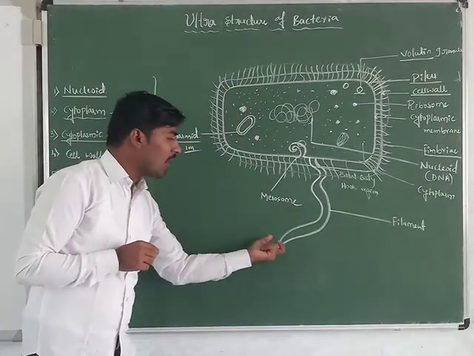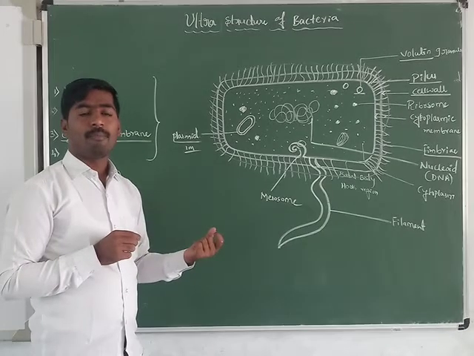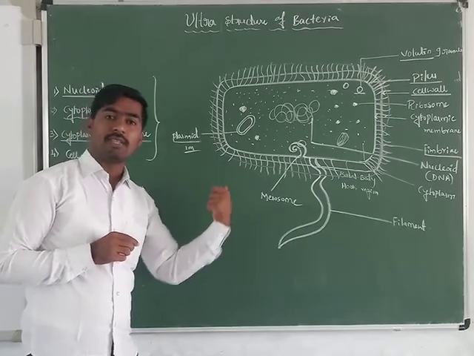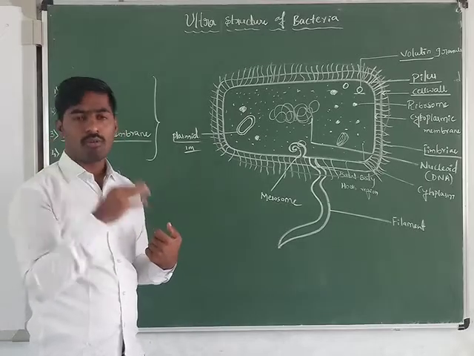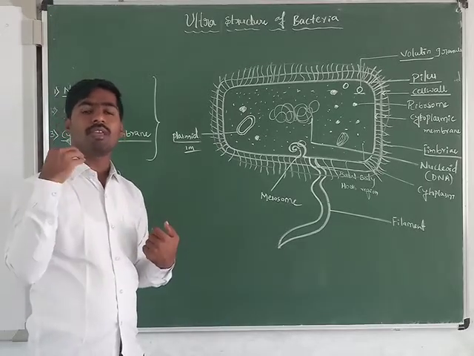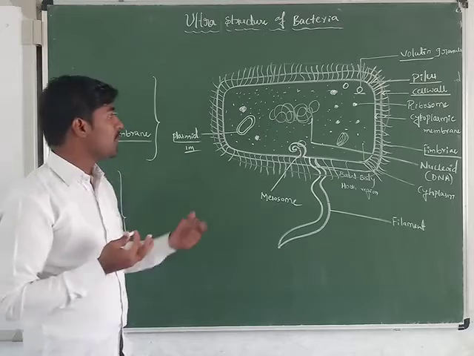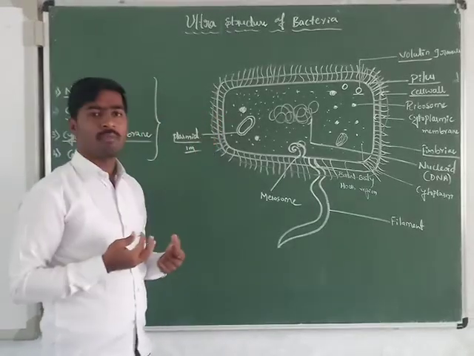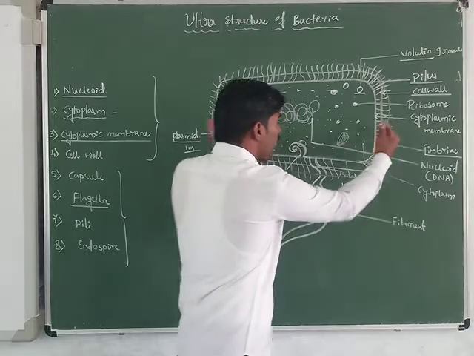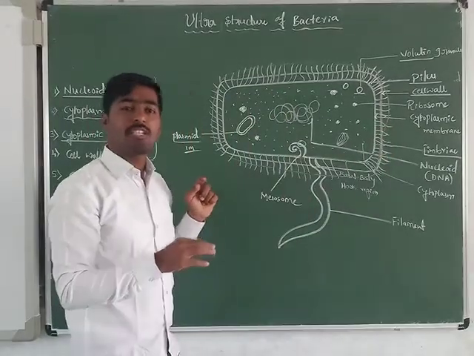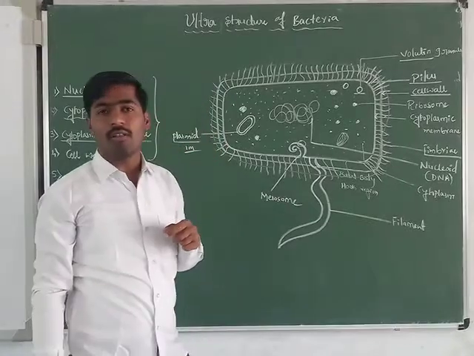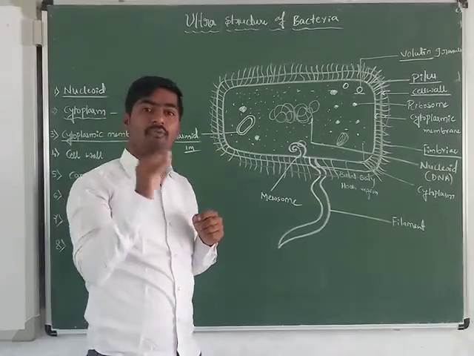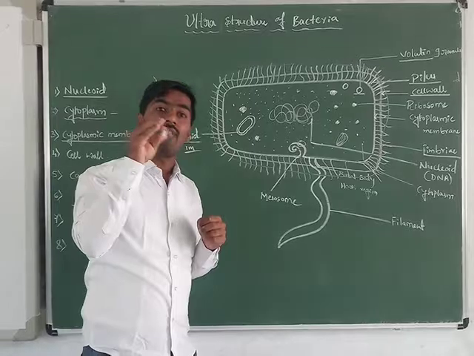The flagella may be single, or more than two, or more than ten, and may be at one polar end, or at both polar ends, or present throughout the bacterial cell wall.